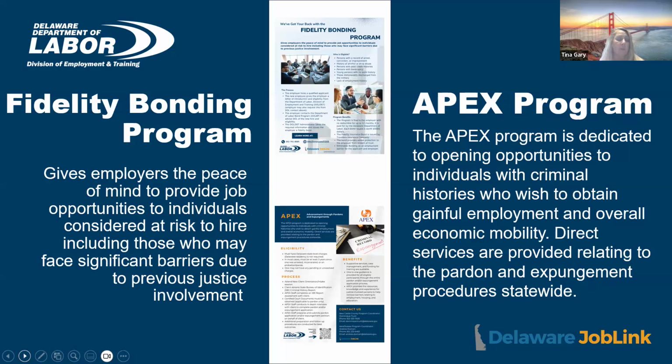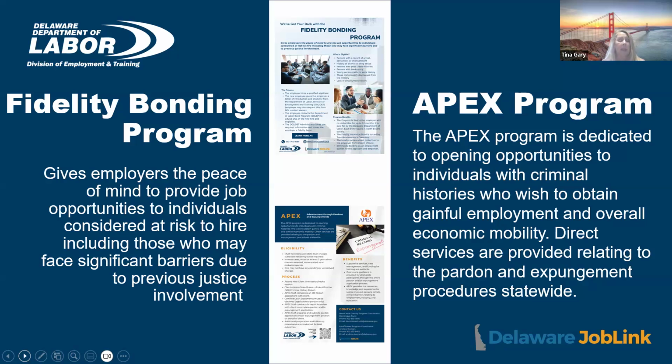Persons eligible for bonding include a person with a record of arrest, conviction, or imprisonment, a history of alcohol or drug abuse, persons with poor credit history, a person with bankruptcy in their past, a person with no work history, dishonorably discharged from the military, or a lack of employment history.